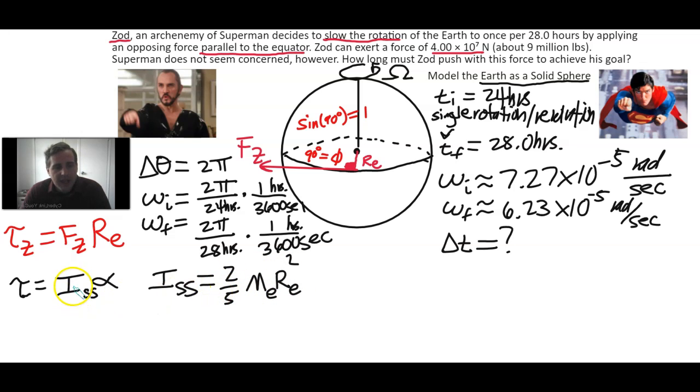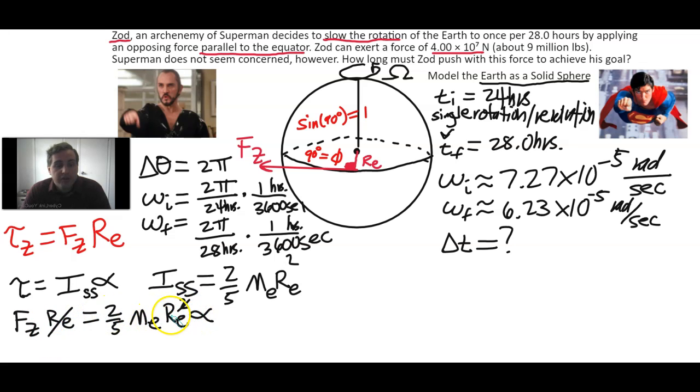So let's go ahead and substitute this expression in for torque, and then solve for alpha. So we've got the force of General Zod times the radius of the Earth is equal to 2/5 mass of the Earth times the radius of the Earth squared, times alpha. So if we want to solve for alpha, I think we need to divide by mass of the Earth, and then one of these radii of the Earth will actually cancel.